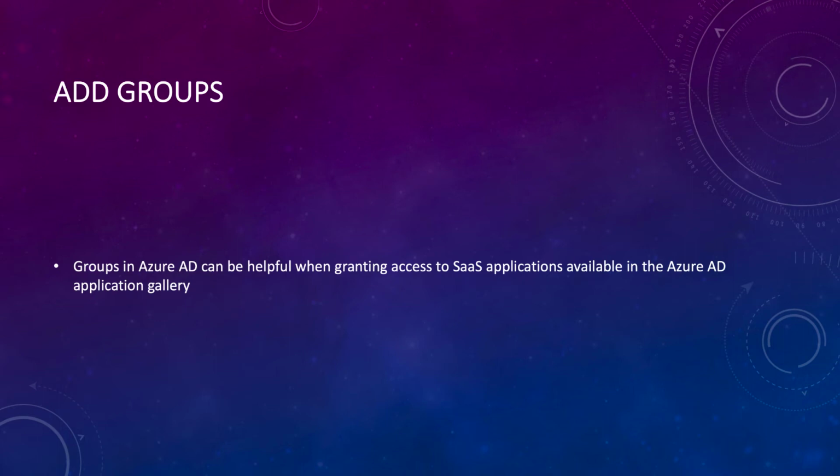You can also create and manage groups in Azure AD directory in a very easy way. Groups in Azure AD can be helpful when granting access to software as a service applications available in the Azure AD application gallery. The Groups section of the selected Azure AD directory allows you to create and manage all those groups.